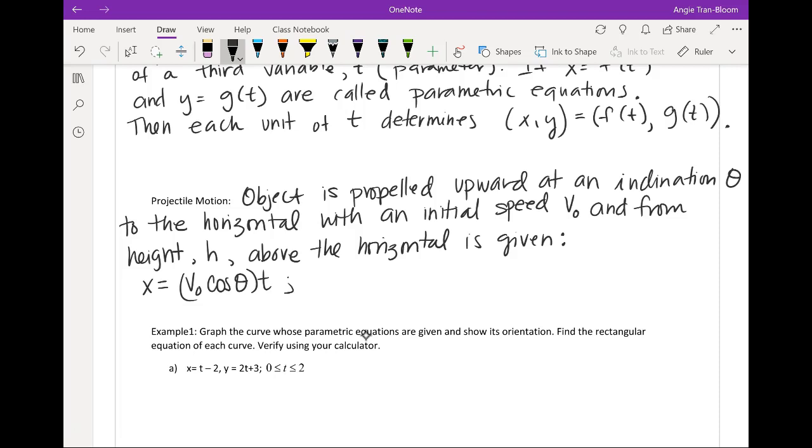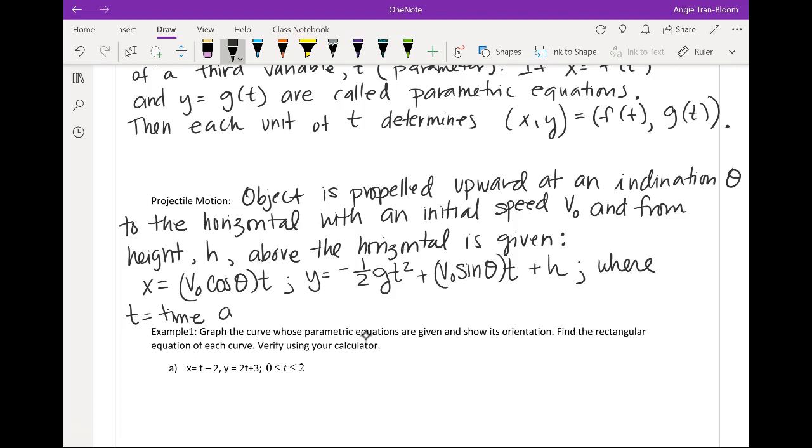Then because it's parametric, you would need x and y, so y equals negative 1/2 times g times t squared plus v subscript 0, your initial velocity, times sine of some angle that was given to you, times t, and then plus h if you have a starting height. If you're on a cliff 500 feet above ground, then that's where h is. It is obvious what t is. Where t is what, y'all? T is time. You're right.